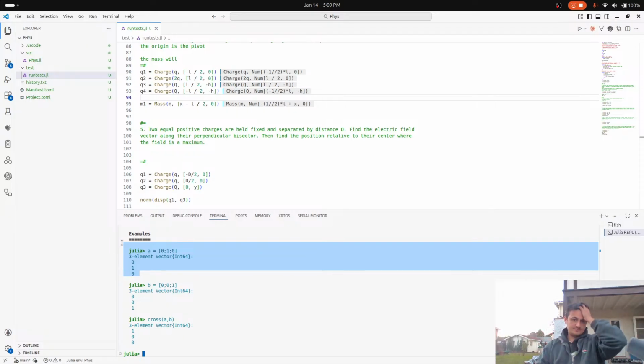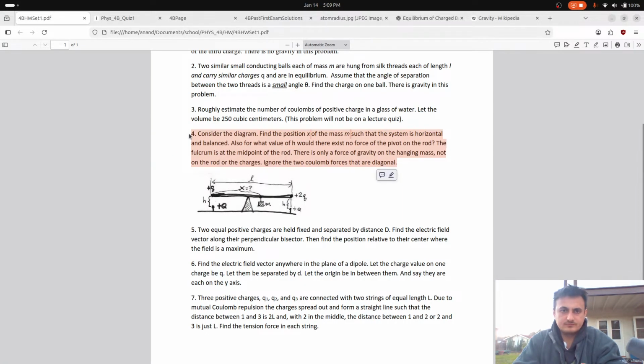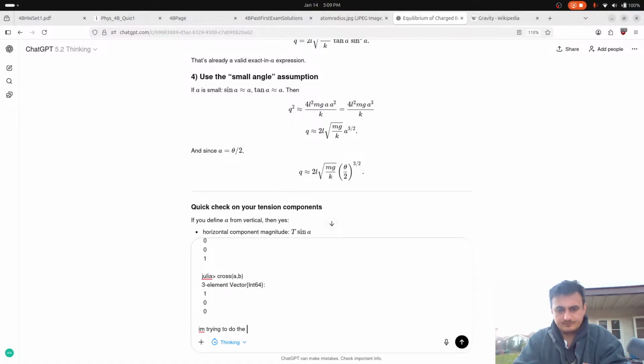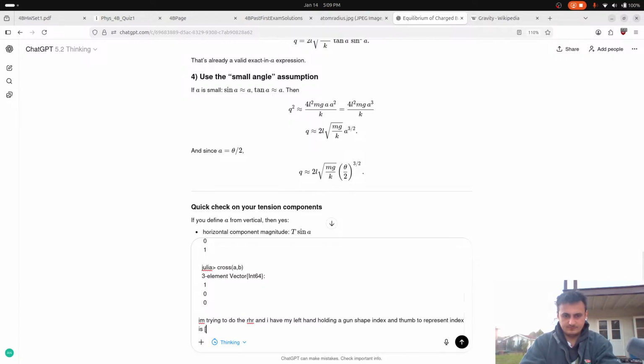I feel like it should be -1. Oh wait, actually, let's make this Z and this Y. Okay, so that one makes sense.